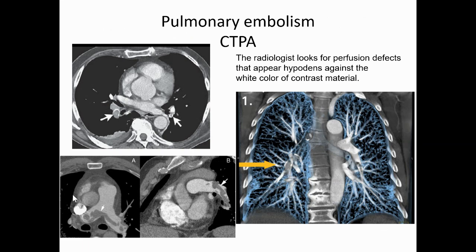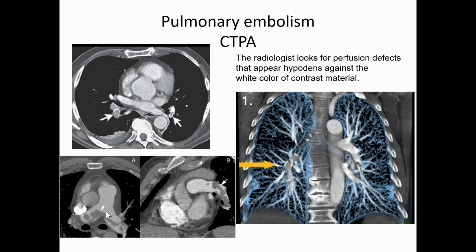Here's what we see as radiologists. These are the defects. So this would be a pulmonary artery, which is almost completely filled with a thrombus on the right hand side. On the left hand side, you see the classical Oreo sign. So a white ring and a darker dot within that ring.